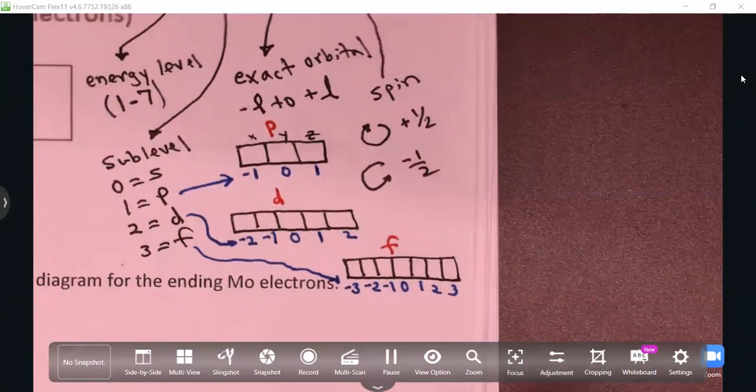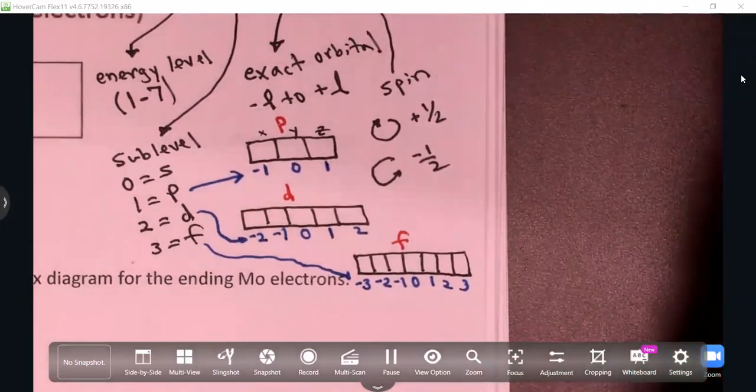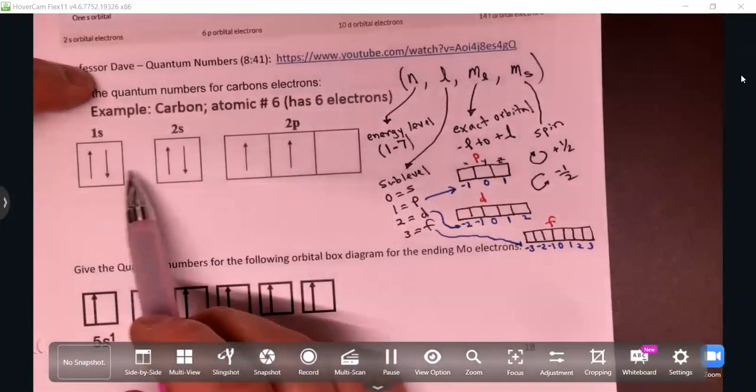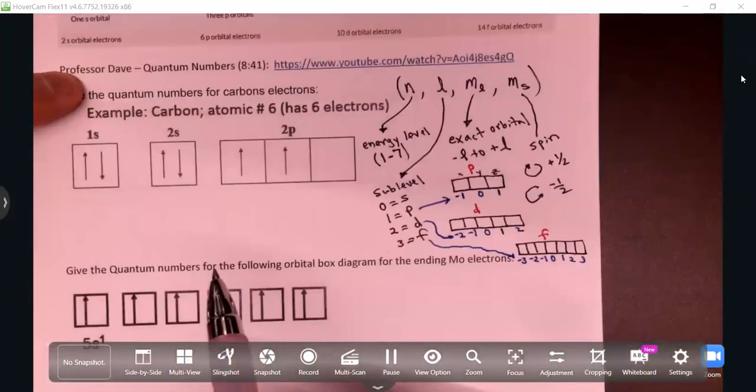Okay, stay with me now for quantum numbers. Here we go. We're going to do the quantum numbers for all of these electrons.